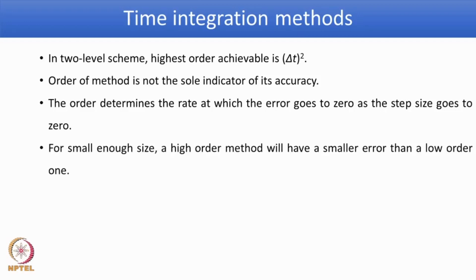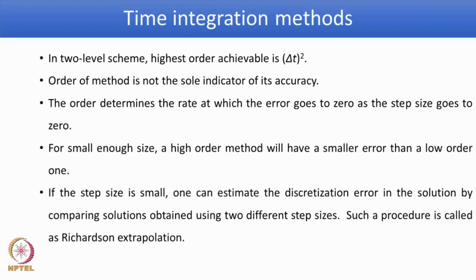So, for a small enough step size, a higher order method will have a smaller error than a lower order one. If the step size is small, then one can estimate the discretization error in the solution by comparing solutions obtained by 2 different step sizes. So, it is possible to get an idea of the error, and that procedure is what is known as the Richardson extrapolation procedure.